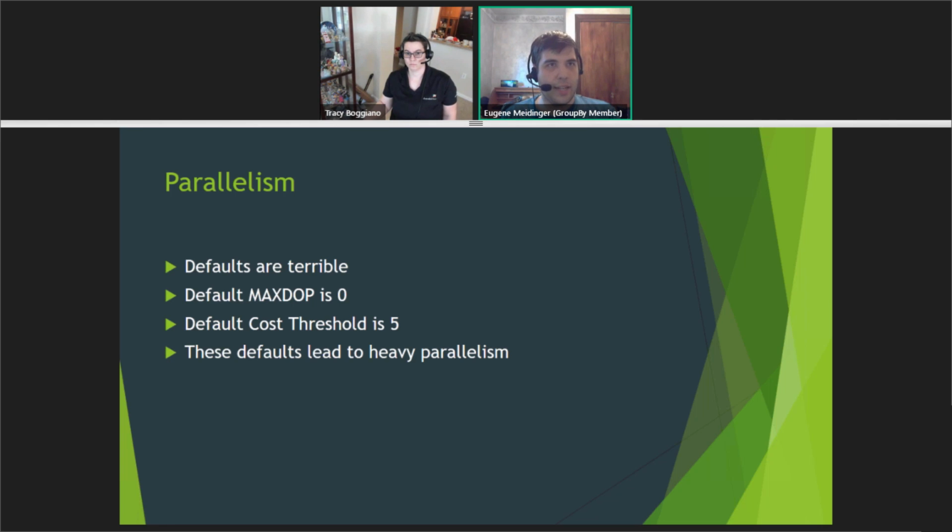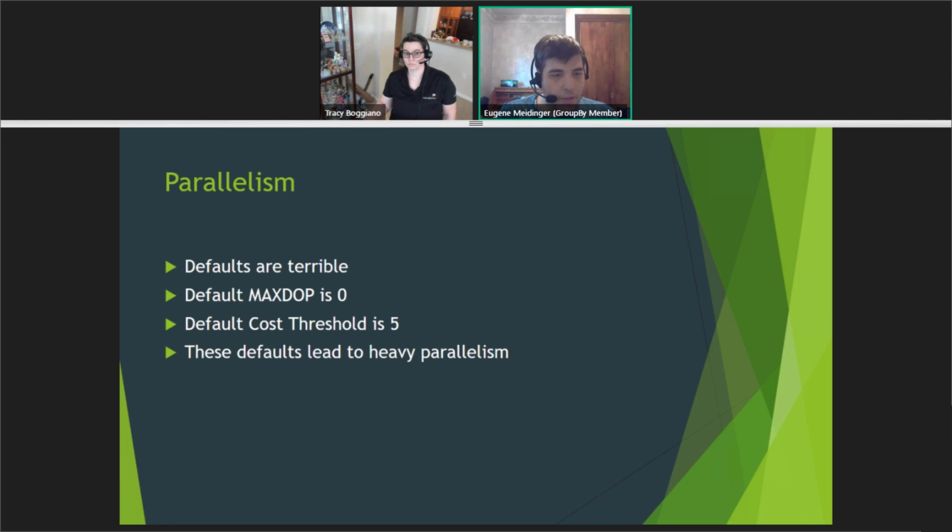But the default of 5 for modern computers is very, very, very low. The recommendation that I see over and over is to set it to 50. That way, if you've got a really small query, it's not going to split it up over those 8 cores, those 16 cores, whatever. It's the bigger, more expensive queries that it's going to split up.